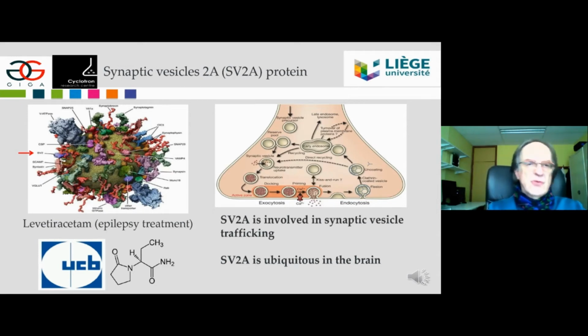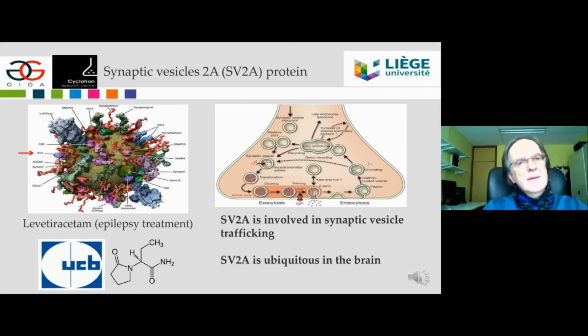That's true for serotonin, that's true for dopamine. But what we would like to know is a kind of global abnormality, and to biomark a global abnormality, we need a marker of synapses everywhere in the brain. And that's what's possible with SV2A.